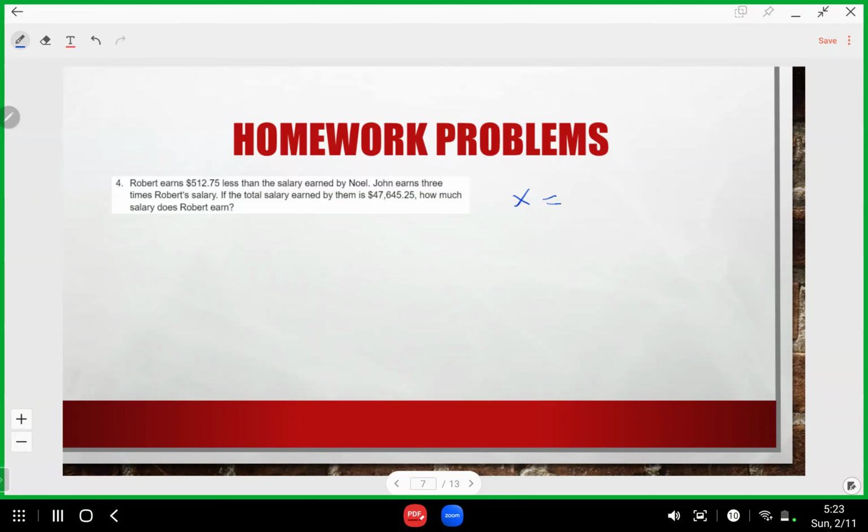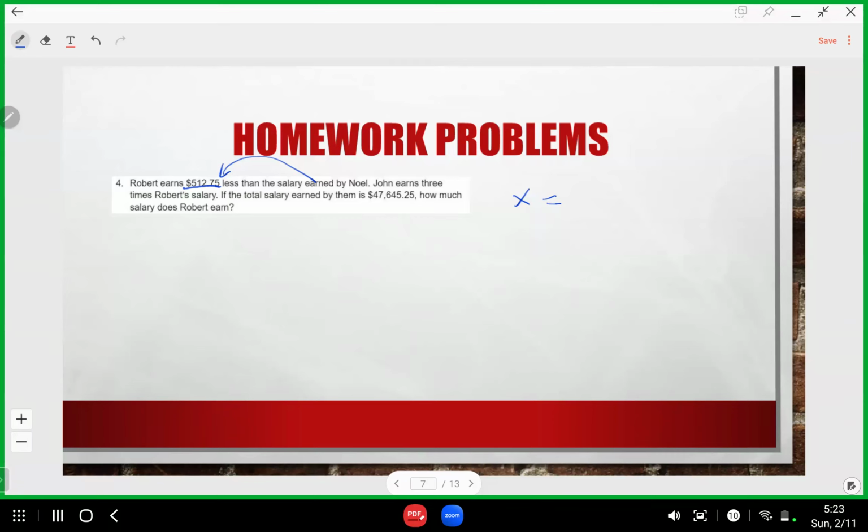X to be Robert's salary? I don't think setting x as Robert's salary is that intuitive, so it's not as good. So I think you should set x as Noel's salary. You see how Robert is in relation with Noel, because you have Noel and then Robert is 512.75 less, right?